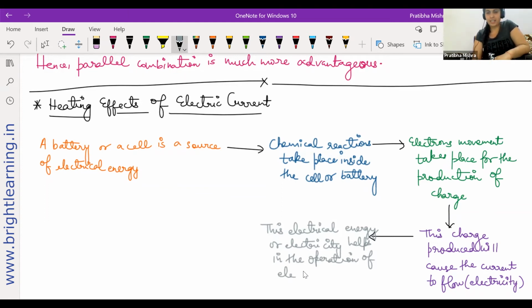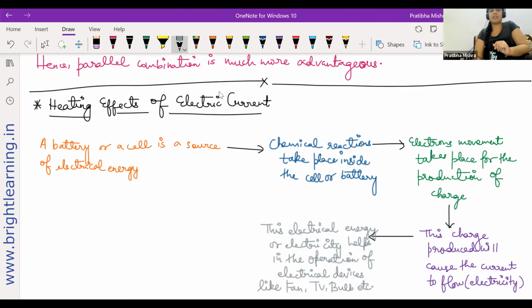Because that word is a little bit dangerous to be used there. Okay, in the operation of electrical devices. Like you can give examples like fan, TV, bulb, AC, anything you can write, etc.